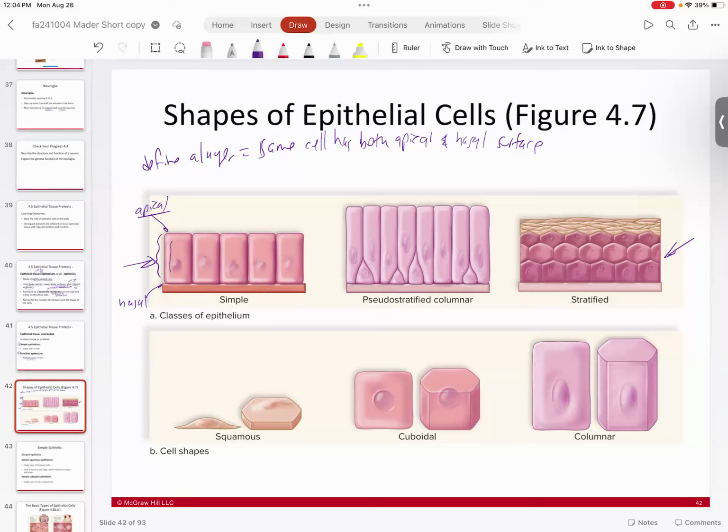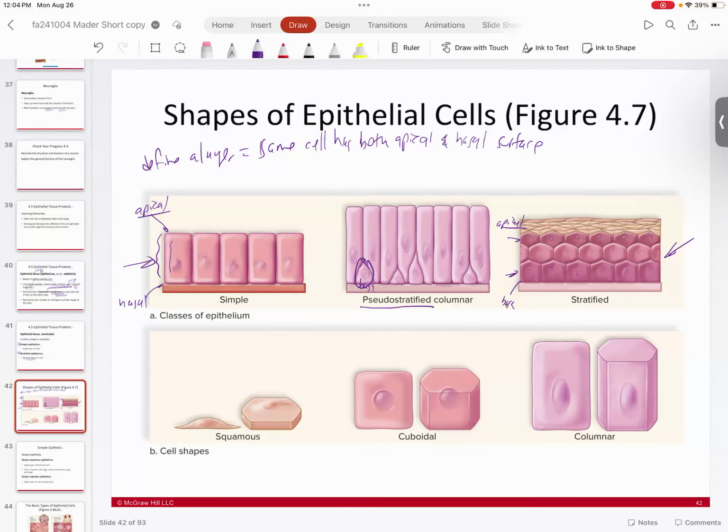That's one layer. In this case, you can see that you have one cell layer with the basal, but a different cell layer has the apical. That means it's stratified. There's two different layers there. Now, pseudostratified sometimes looks stratified, but it's actually not. So for instance, even though here you can see this little cell right there has a basal, it does not have an apical.